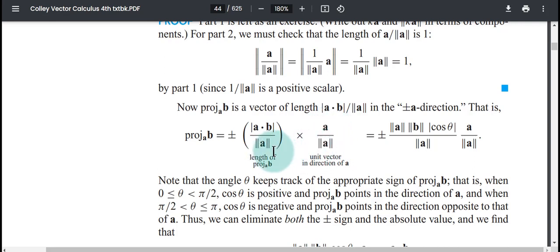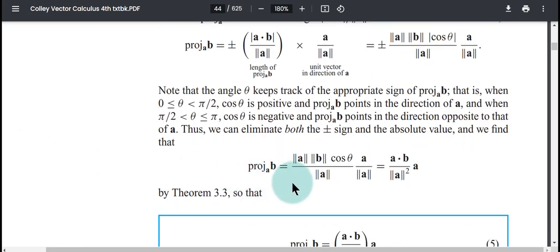So when we multiply the unit vector by the proper scaling, we get the projection of B onto A. Now the top part we know we can write as this times that. We've discussed that before. And the bottom part is this, and then we have times this. Hopefully that's clear.